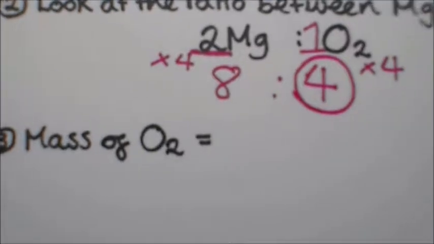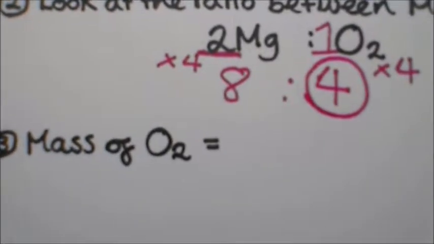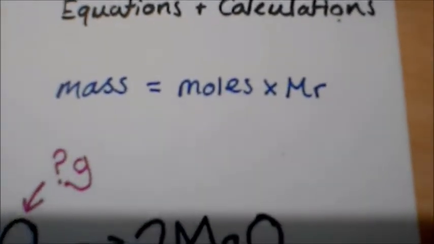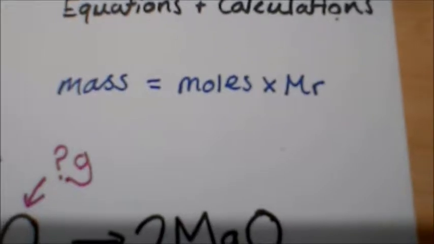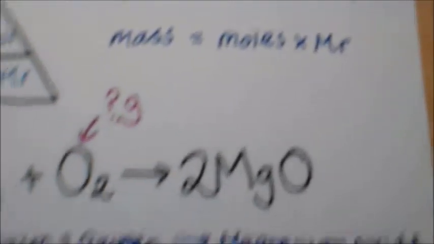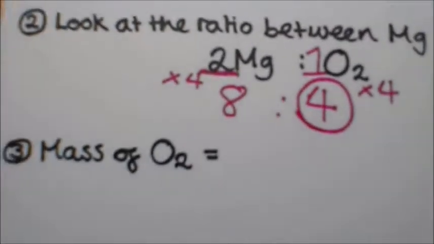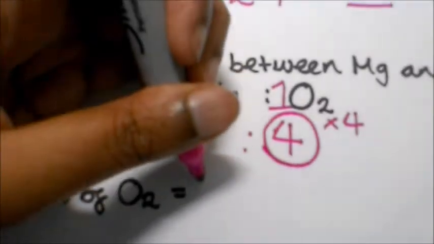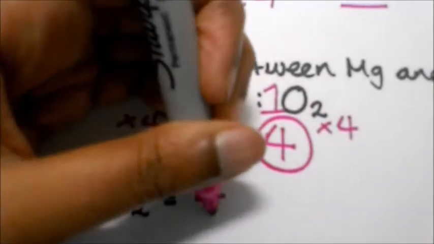Now, to work out the mass of oxygen. From the equation above, we know that to work out mass, we do mass equals moles times relative atomic mass. So we have 4 moles of oxygen, so 4 times 16 plus 16.